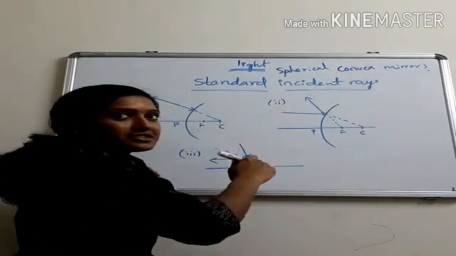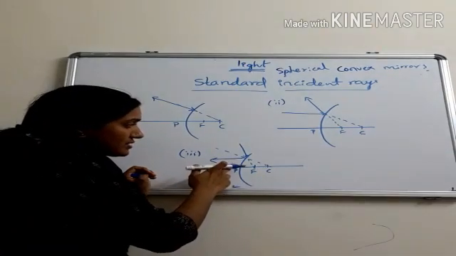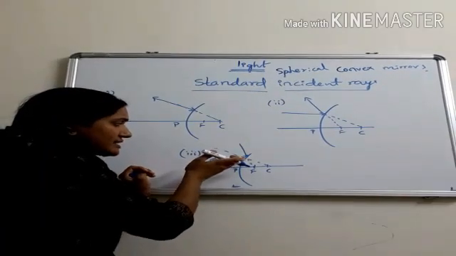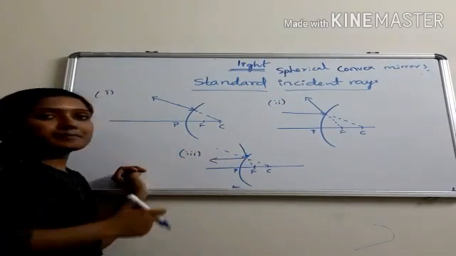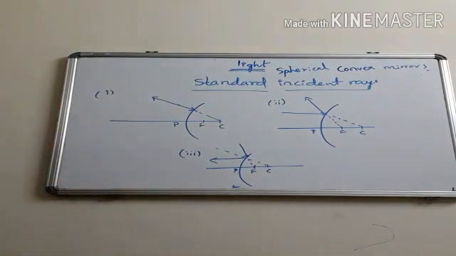It is diverging, right? And then the third one is when it is passing through the focus of the mirror. Again, it is coming parallel to the principal axis. Please take a screenshot of these standard incident rays.